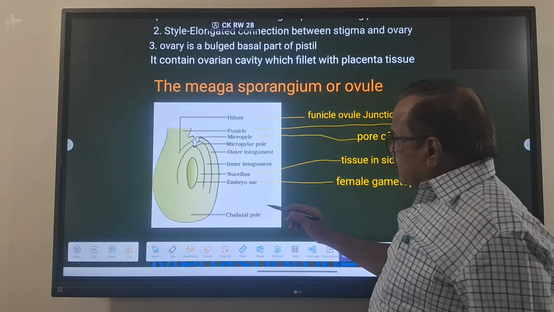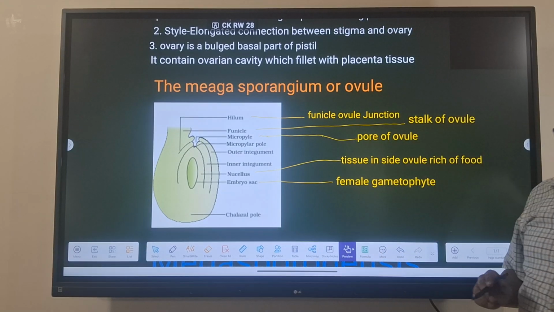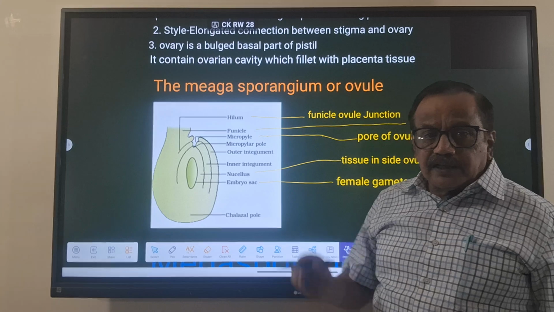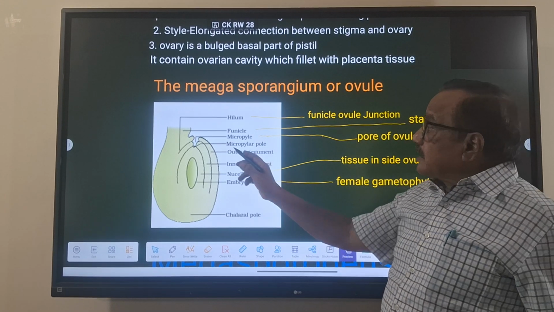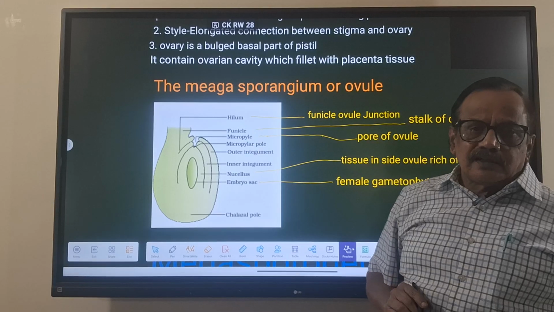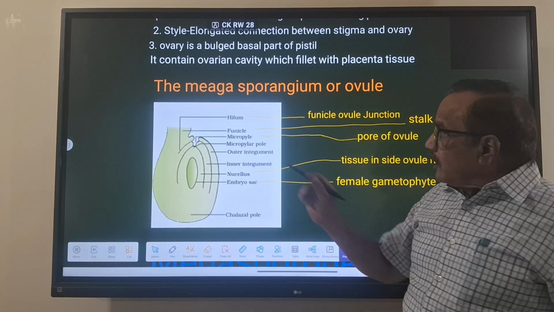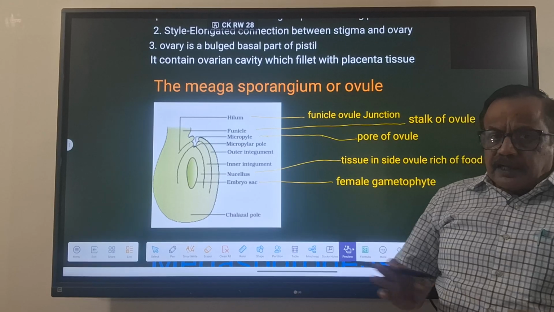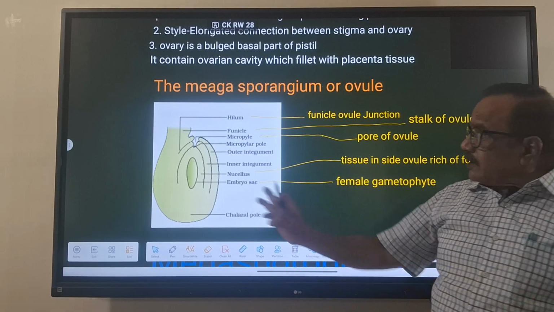Next, wherever the pore is left in the integuments, that is called the micropyle, and that end is called the micropylar end. Opposite to the micropylar end is the chalaza.